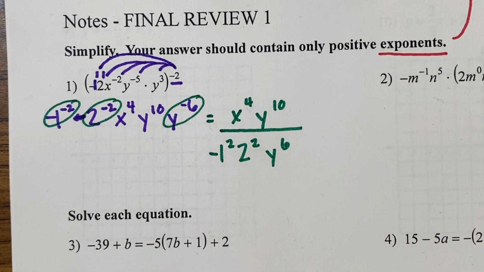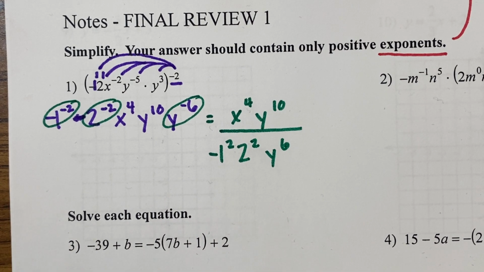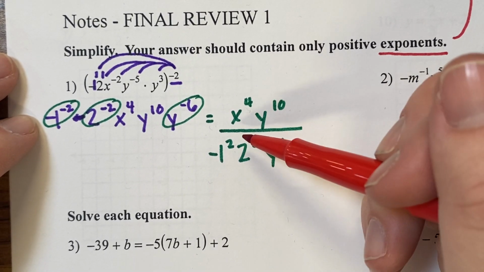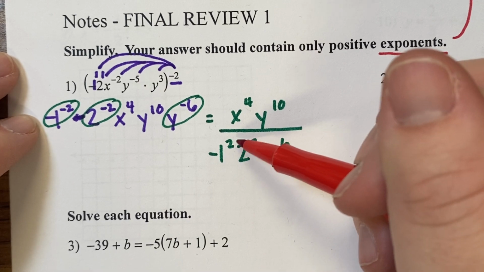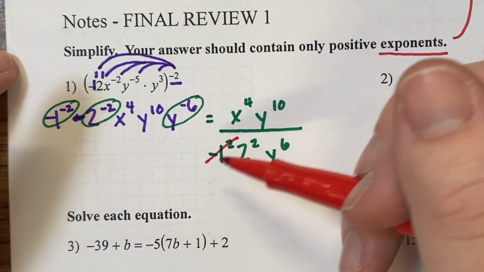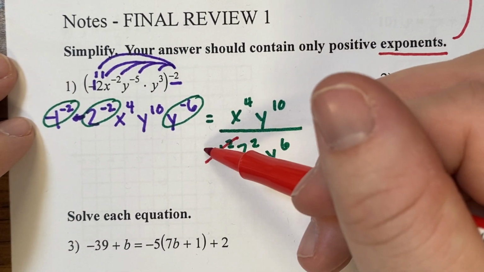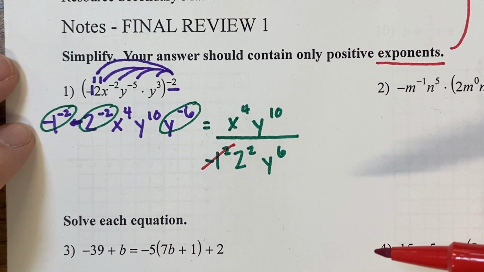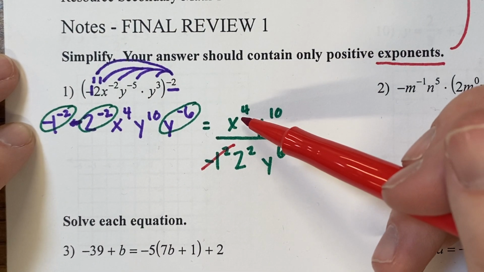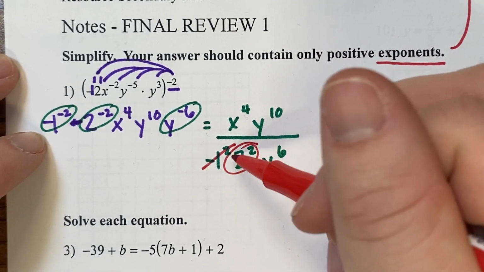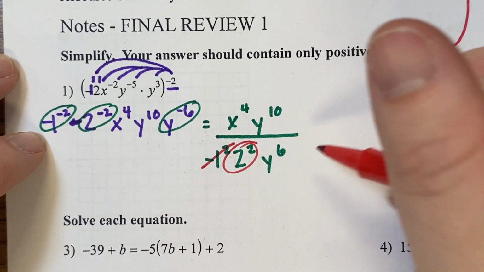All right, so now we can do some simplifying. First of all, I have -1 squared, which is -1 times -1, which is just going to turn into a 1. Since that just turns into a positive 1, it doesn't change anything, so I'm just going to get rid of it. Remember, 1 times anything is just itself, so it technically becomes invisible. Now the only thing that I need to simplify is this 2 squared, which is 2 times 2, which is 4.